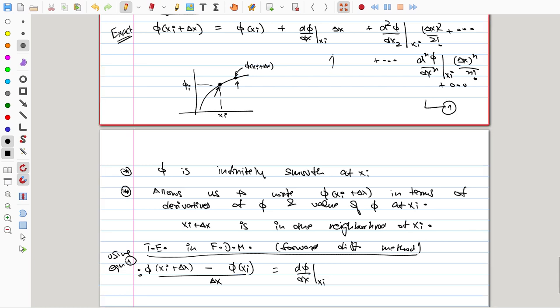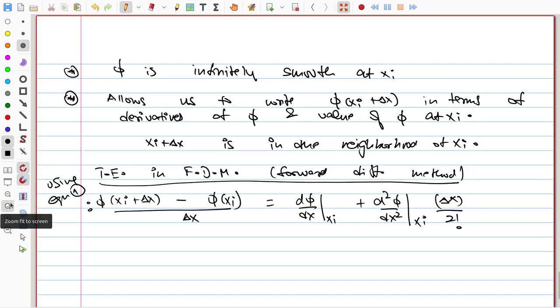Delta x is gone because we have divided the whole thing by delta x. So, the power of delta x will reduce in each term now. And there are other terms as well, we do not need to write them.